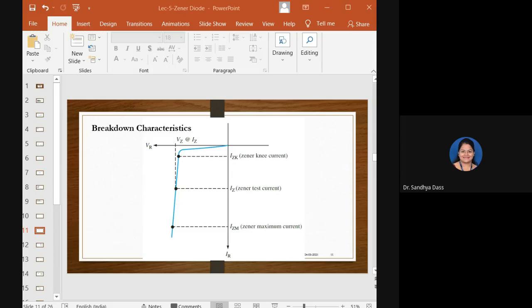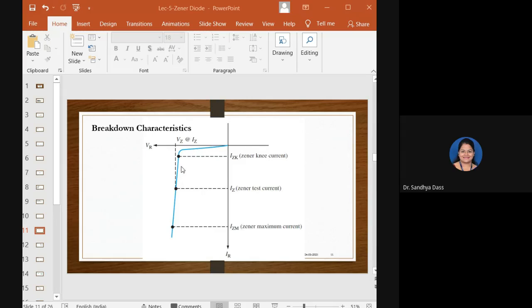A Zener diode operating in breakdown acts as a voltage regulator because it maintains constant voltage across its terminals. The voltage point at which the voltage across the Zener diode becomes stable is the Zener voltage, which typically ranges from 1 volt to a few hundred volts.